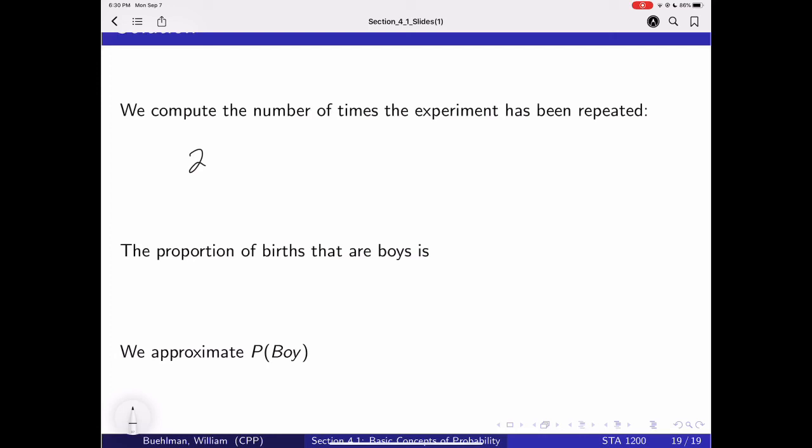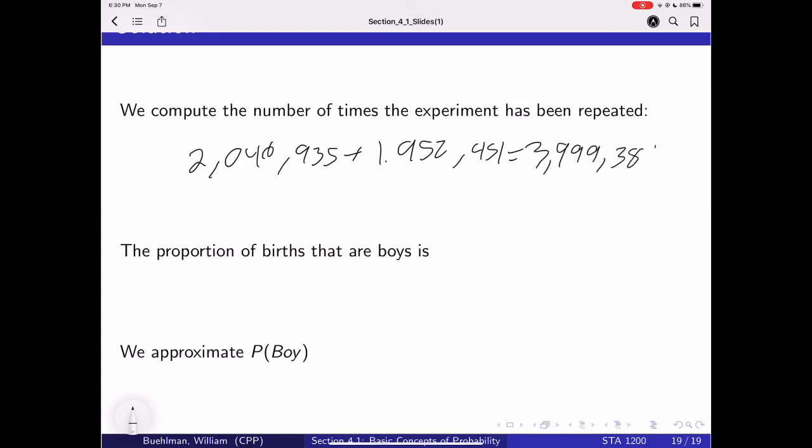So there were 2,046,935 boys and 1,952,451 girls for a total of 3,999,386 births in total.